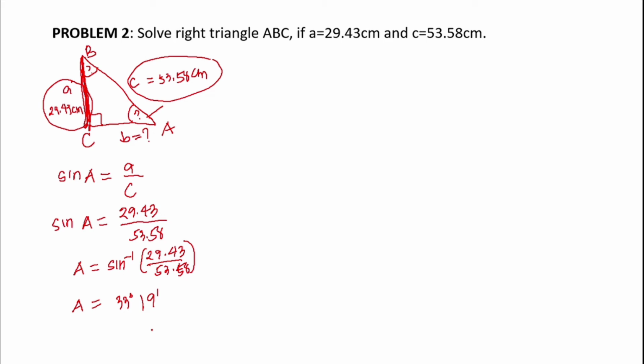So take note, they have four significant figures here, so we have to follow the rules, which is four significant figures. That's why our angle also is in four significant figures.